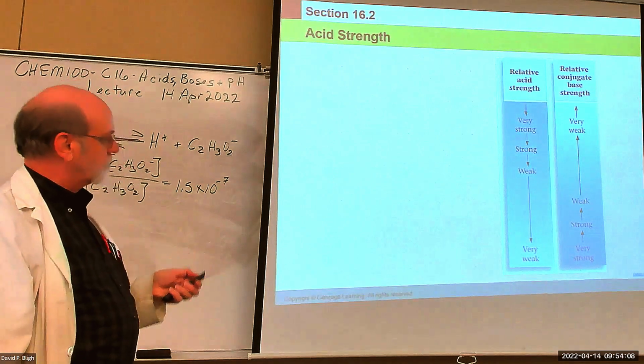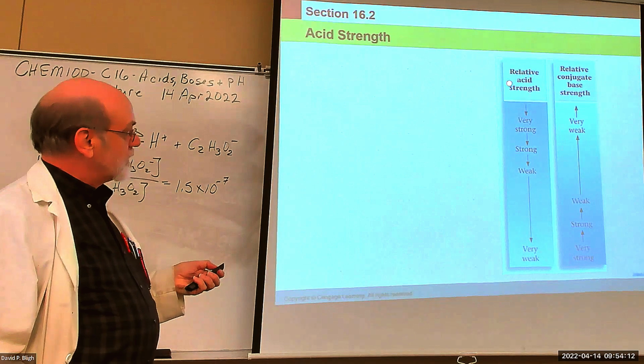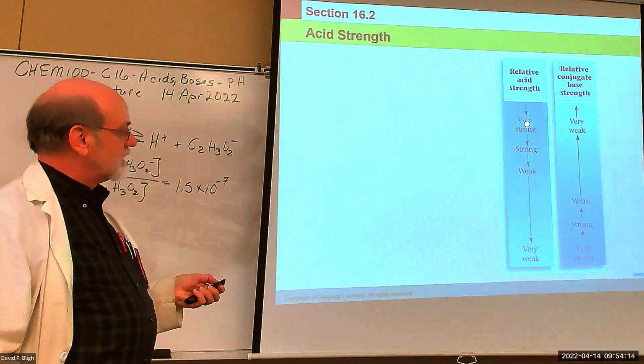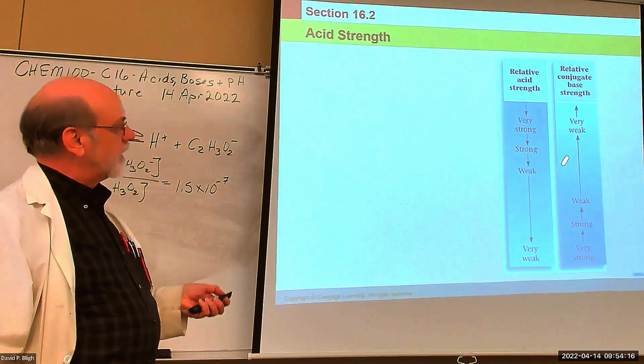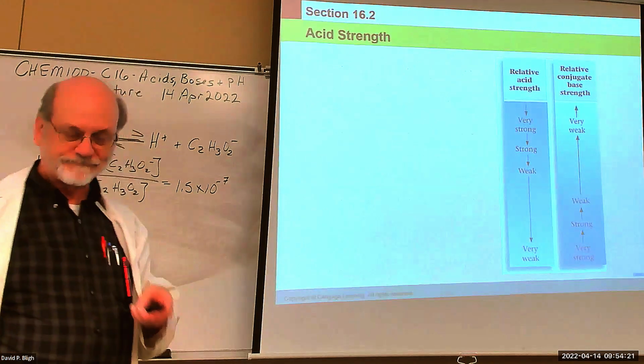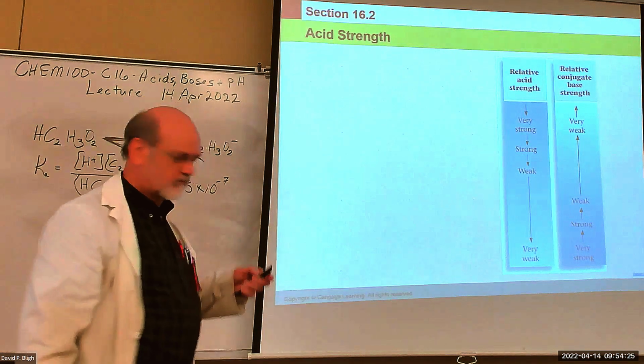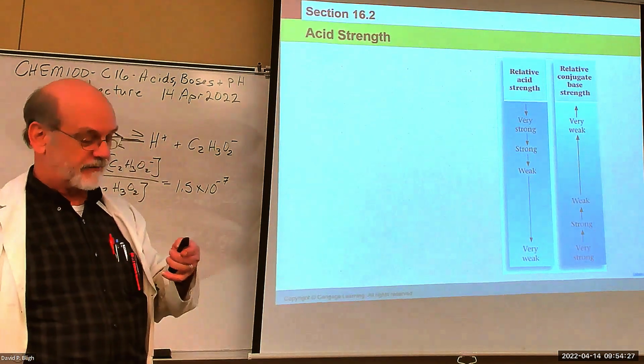So that's what this chart is trying to explain. If the strength of the acid gets weaker and weaker and weaker, then the conjugate base gets stronger and stronger and stronger. And we can quantify that. We're not going to do it in this class, but it can be done.